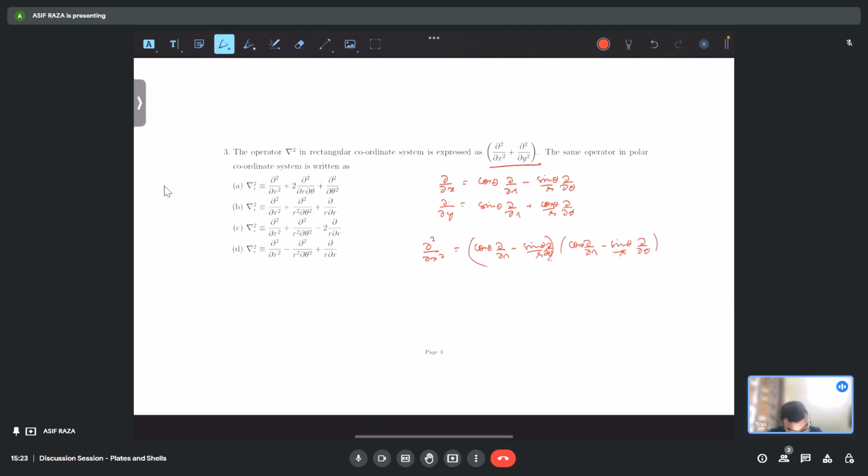Okay, so we have ∂²/∂x² as operating on this gives me cos squared theta ∂²/∂r².